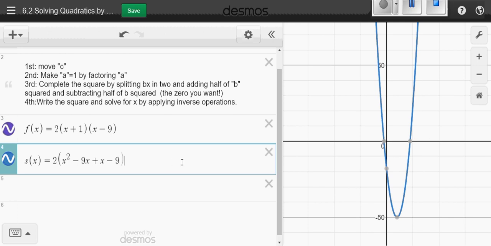This is the first multiplication. Add these four terms together, and multiplying it by 2, we end up with 2x squared minus 16x minus 18. So this would be standard form.